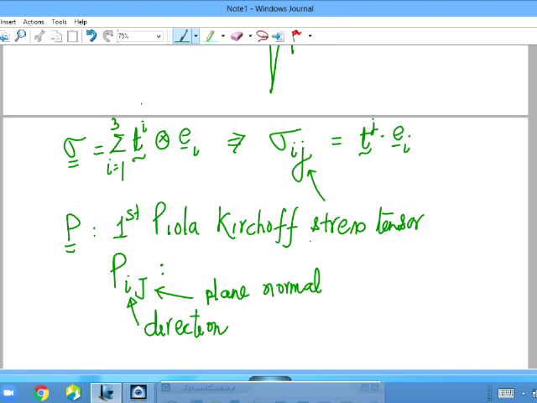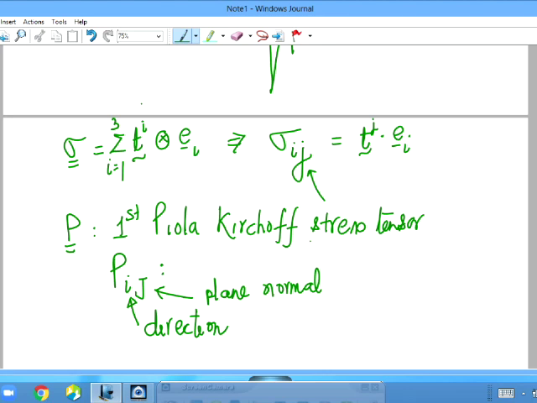So in nonlinear elasticity, almost everywhere the first Piola-Kirchhoff components have the same convention that we did for the Cauchy stress tensor. So that's another motivation for why we used a different convention for the Cauchy stress tensor.